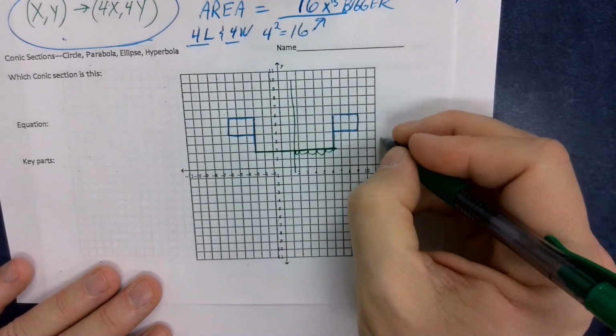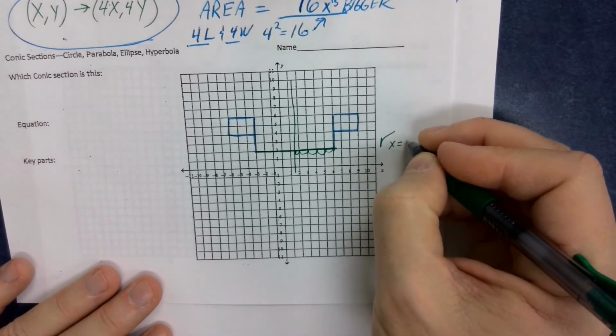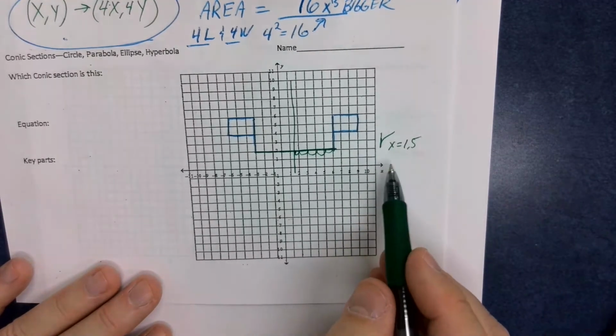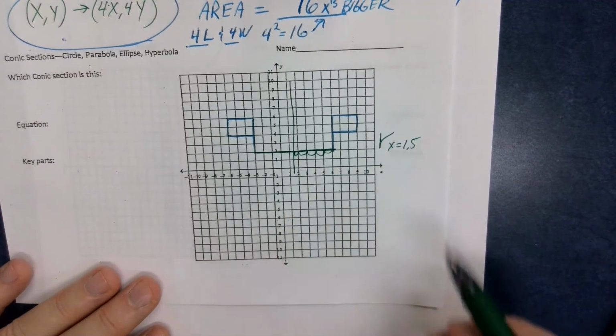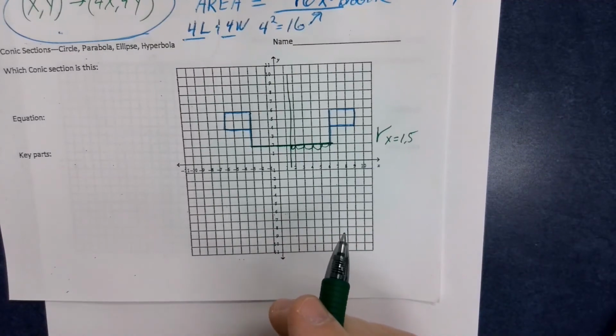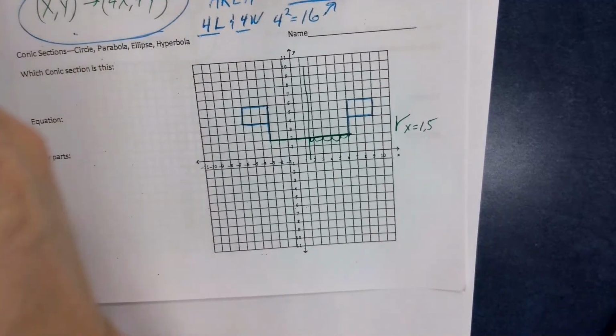And you can see that this is a reflection over the line x equals 1.5. Lowercase r, reflection over the line x equals 1.5. That's what that one would be. And you guys, I know you did that in your homework online too. Okay? So there's that kind of stuff.